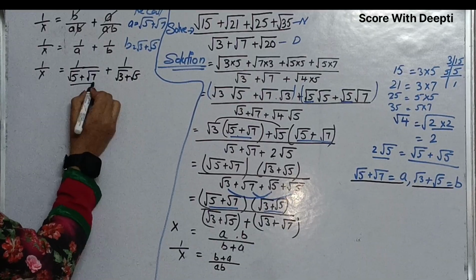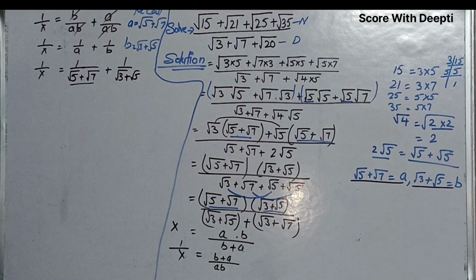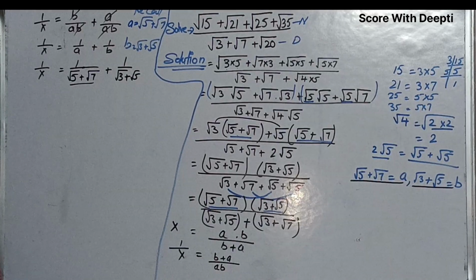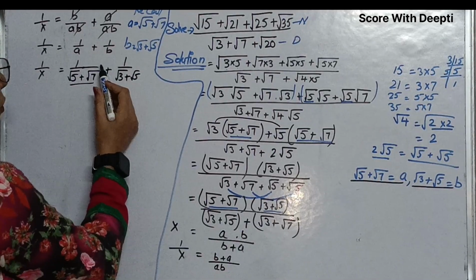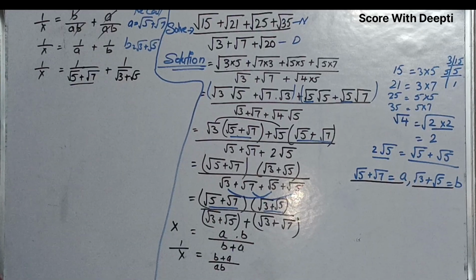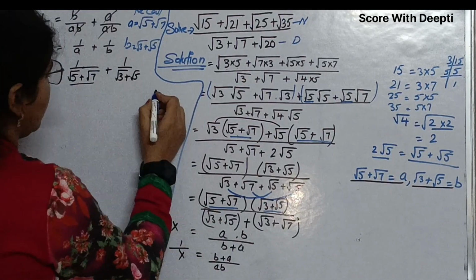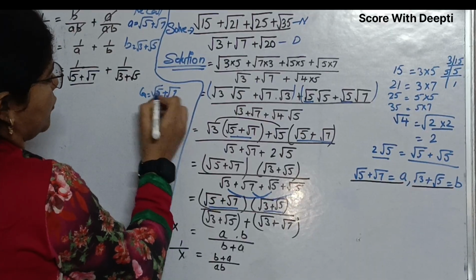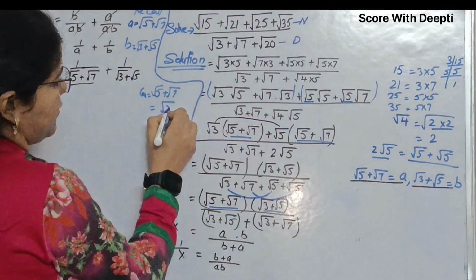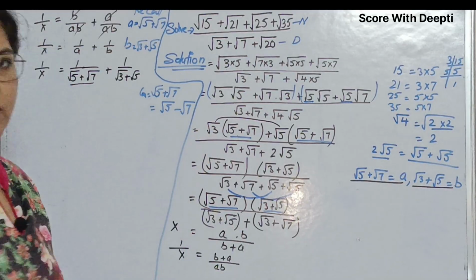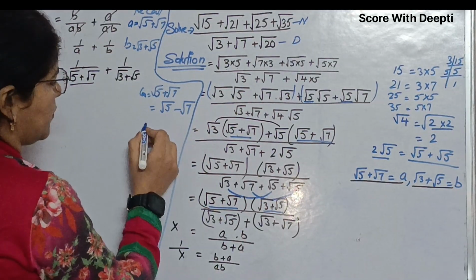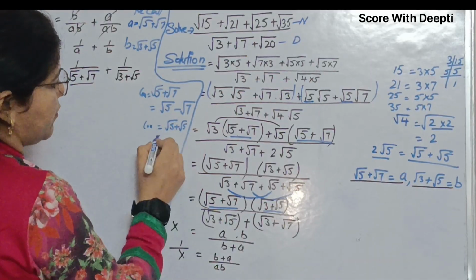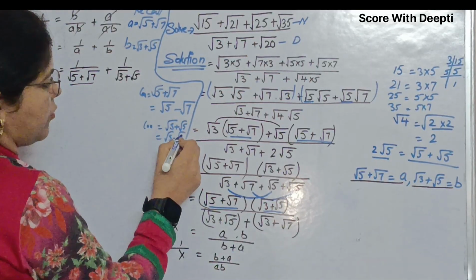Next, there is a radical form in the denominator. To solve this, you know that we take the conjugate of the denominator and then multiply the numerator and denominator with that term. The conjugate of square root 5 plus square root 7 is square root 5 minus square root 7, and the conjugate of square root 3 plus square root 5 is square root 3 minus square root 5.